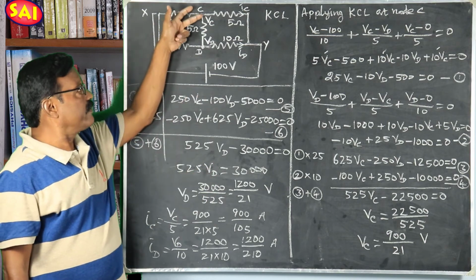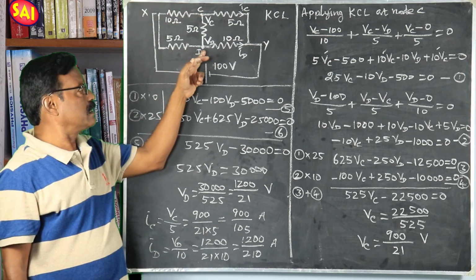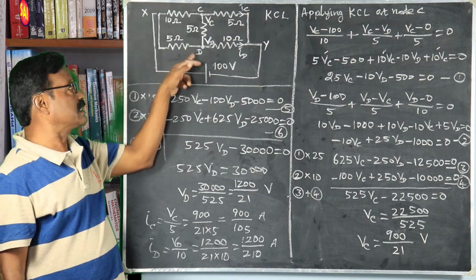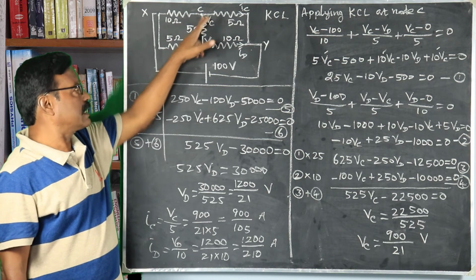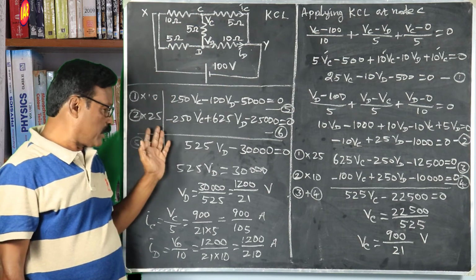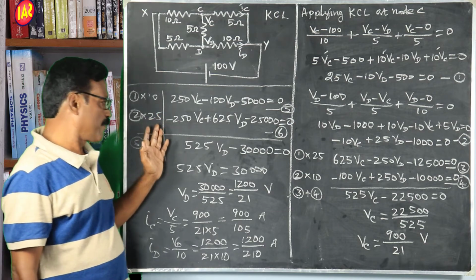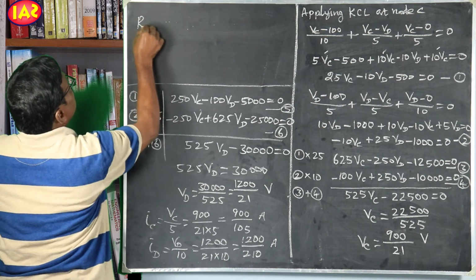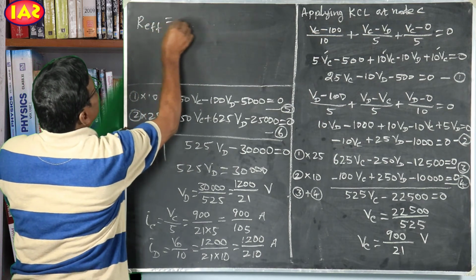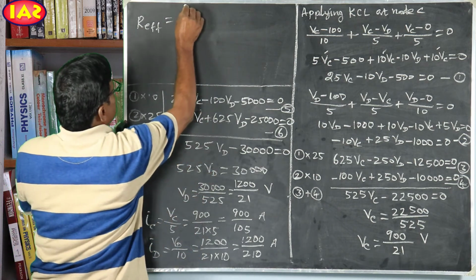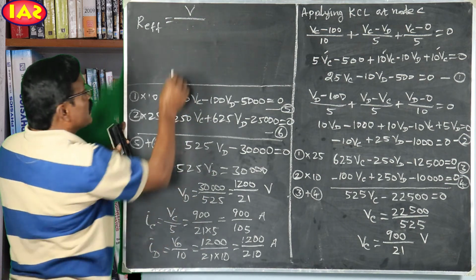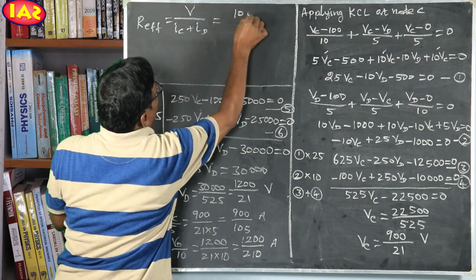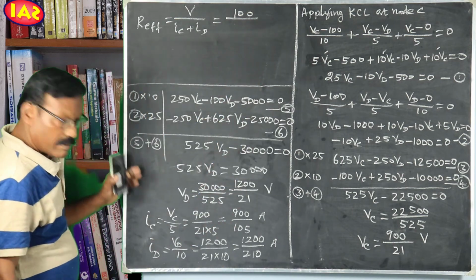So we calculated VC, the potential at D, VD. Now we can calculate the potential difference across this resistor and we can calculate the current. But here I am going to calculate the effective resistance. Therefore, the effective resistance is equal to the applied potential V divided by the total current IC plus ID, which is equal to 100 volts by, what is IC?